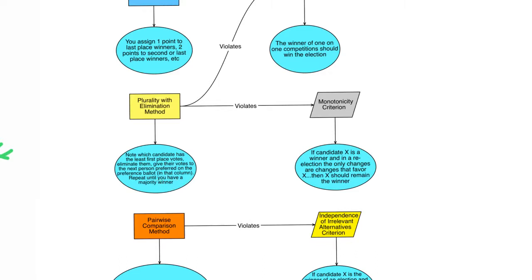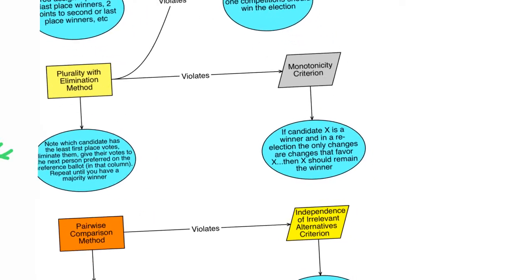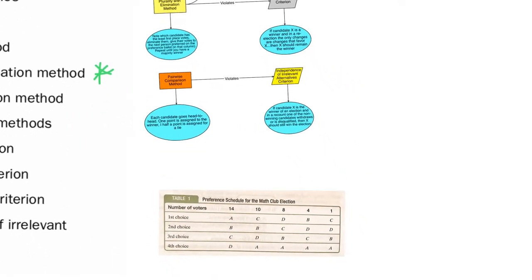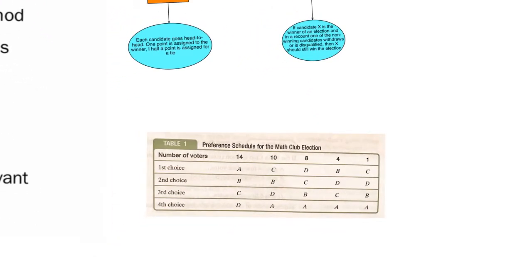So let's be clear on what we even mean by majority winner, because that's a concept that we have not covered just yet. So what we're going to do once again is refer to this preference schedule right here. As I had briefly mentioned before, we know that there are 37 total voters. And the majority winner would be a candidate who has more than half of the votes.